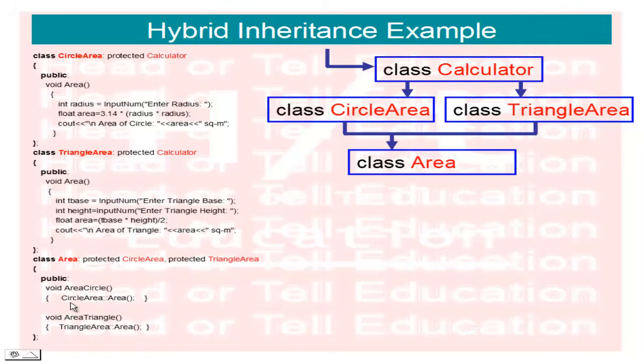Because the class circle area has a function named area, and triangle area also has a function named area, we have to call them separately, because the compiler is confused about which area to call, since two classes are used in protected circle area and triangle area. So I use the class name circle area, then the scope operator, and call area. So we call the circle area function, and the same for triangle area colon colon area, which calls the triangle area function.